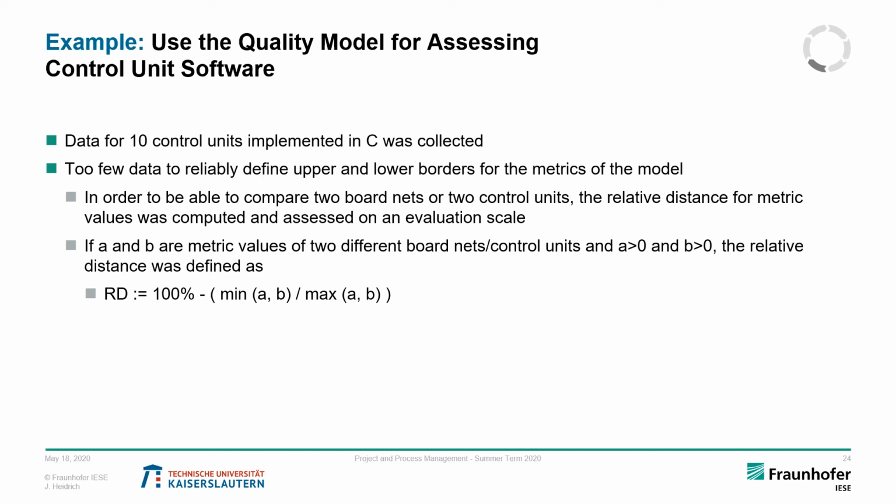If we have two metric values, A and B, of two different control units, and both are greater than 0, we define the relative distance as 100% minus the ratio between the minimum, the smallest value between A and B, and the largest value between A and B. And this basically defines how far apart the different values are when comparing two control units with each other.